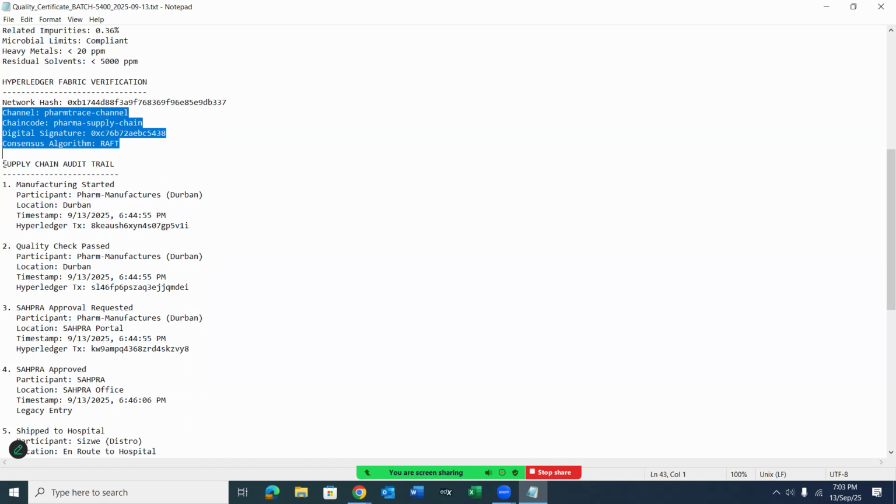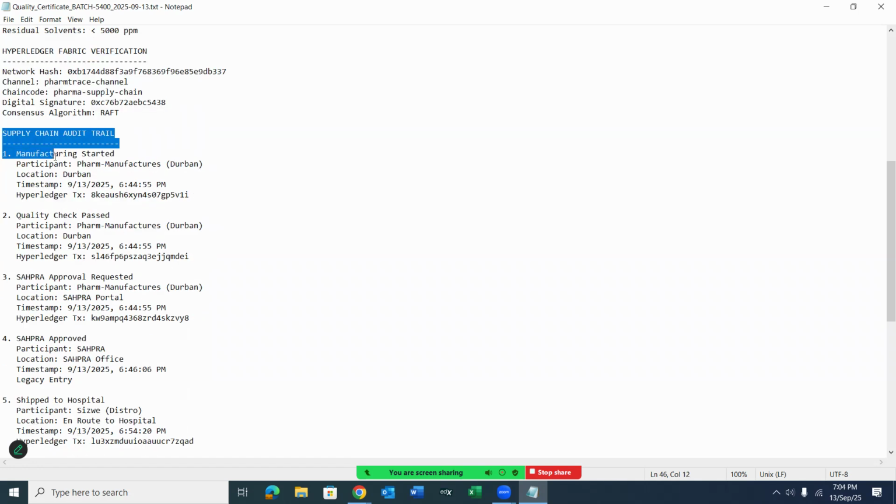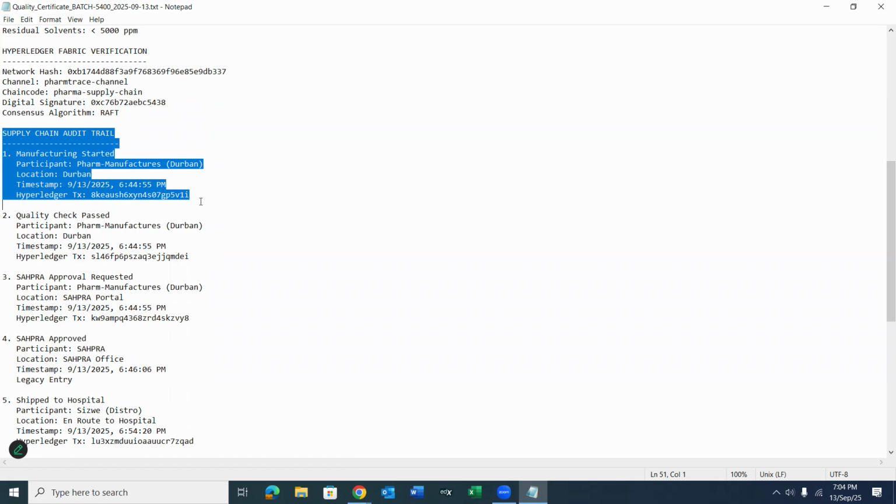So then now SIPO can also look at the information such as the supply chain audit trail. So the drug was manufactured by this manufacturer company called Farm Manufacturers in Durban. The location is there, the timestamp is there. Then now the immutability part, the BlockHash. As you can see, that is a transaction that was performed for this information.